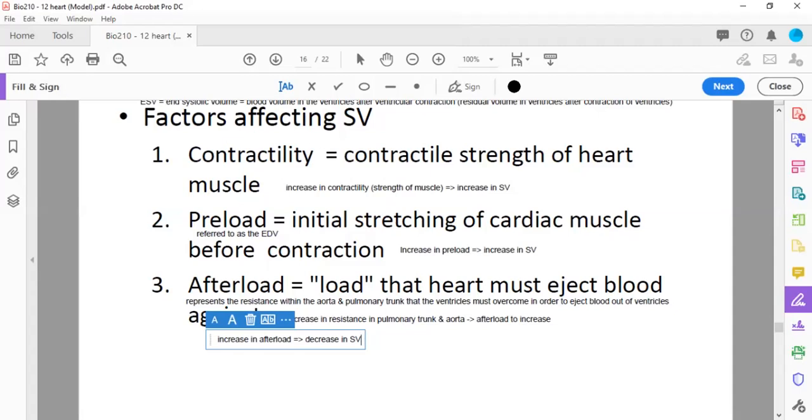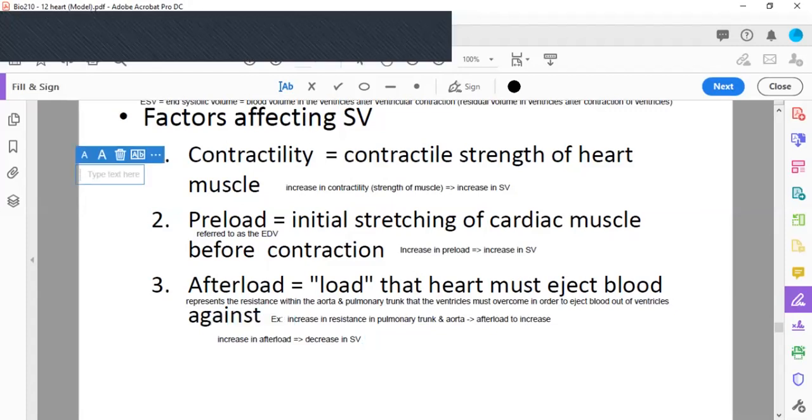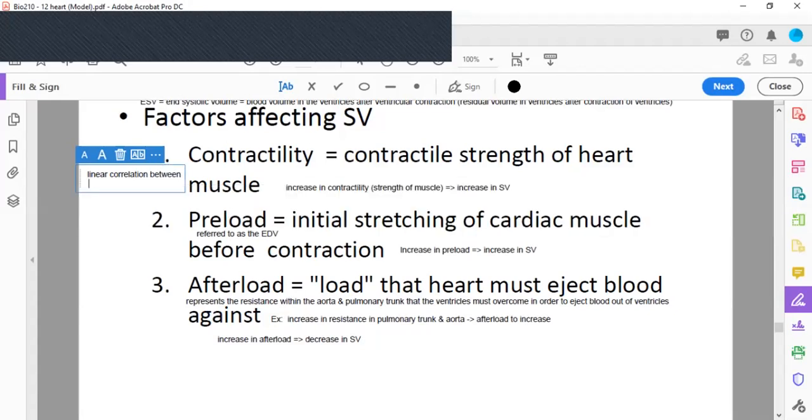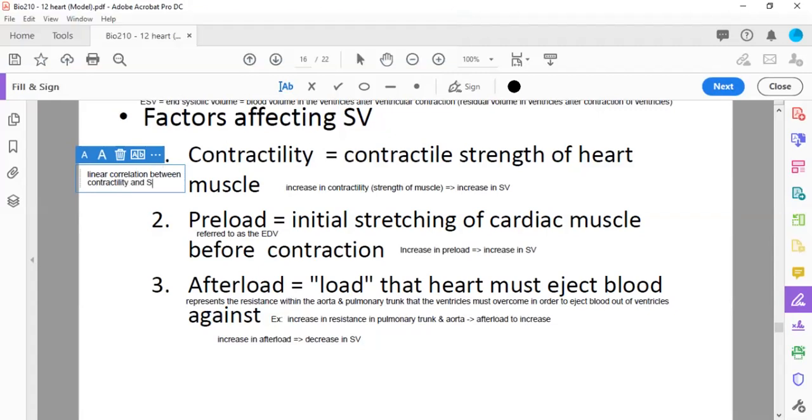So once again, you can see that for number one and number two, there's a linear correlation. Number one, there's a linear correlation between contractility and stroke volume.